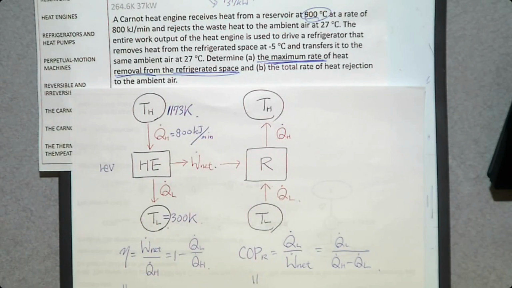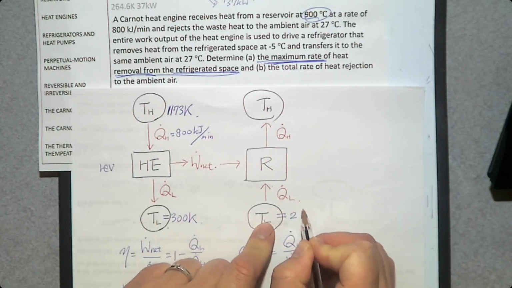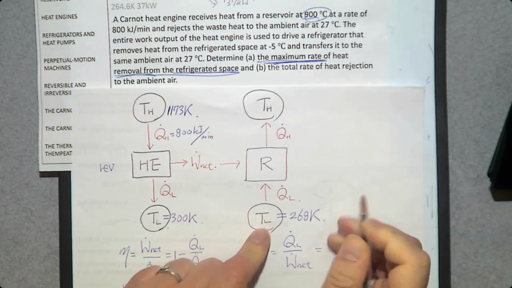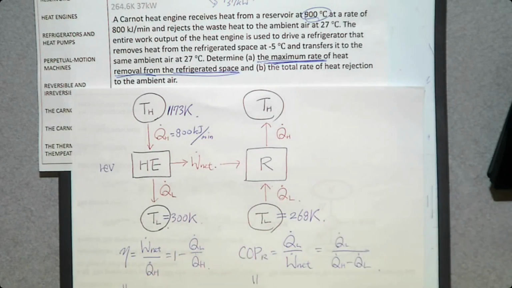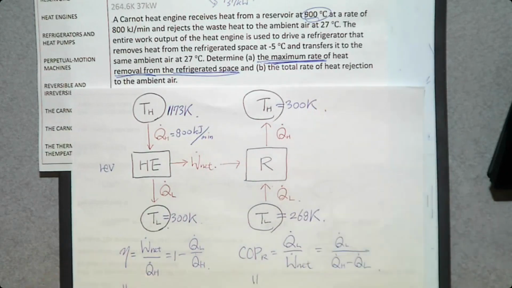Then the power produced by this heat engine is going to drive the refrigerator that removes heat from the refrigerated space at -5. So this one is -5, 268 Kelvin, and transfers this heat to the same ambient air at 27. So this one is 27, in other words, 300 Kelvin.